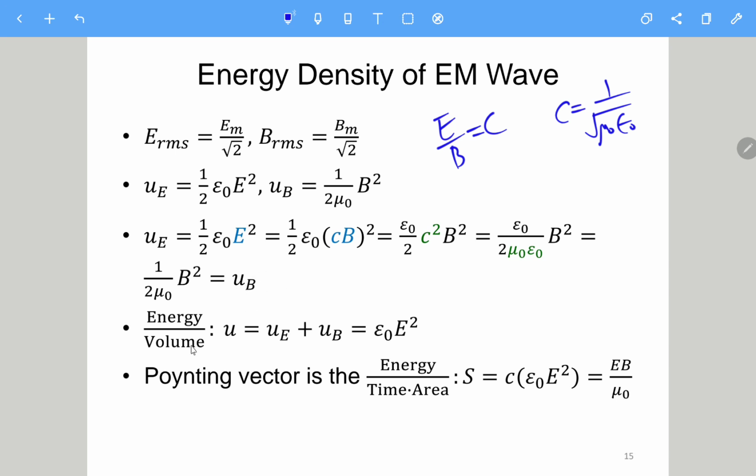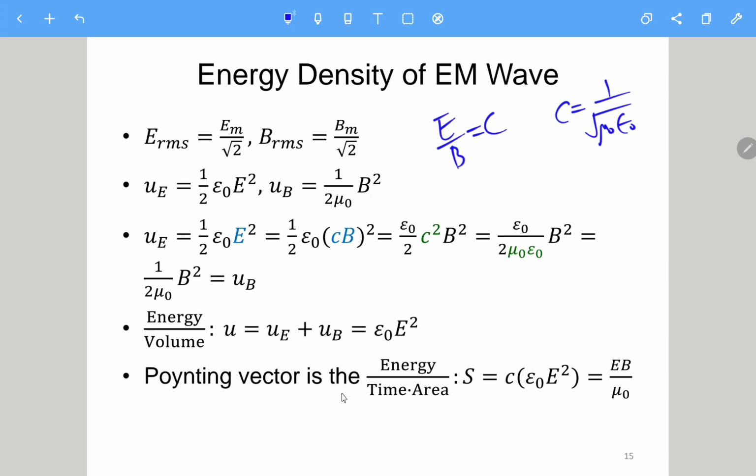So which means that the total energy stored in the EM field, half of it is UE, half of it is UB. So we have UE plus UB, and of course they are equal to each other. So we have 2 times this term, which is epsilon naught E squared here.